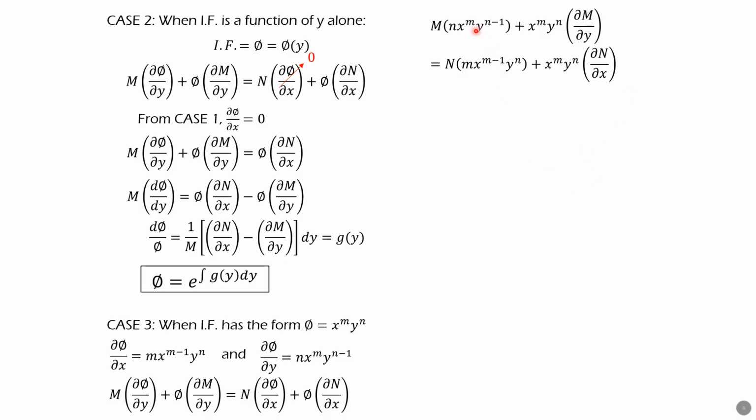Take note that we can write this as n x to the m y to the n over y, and this one is m x to the m y to the n over x. So the common factor is x to the m y to the n.